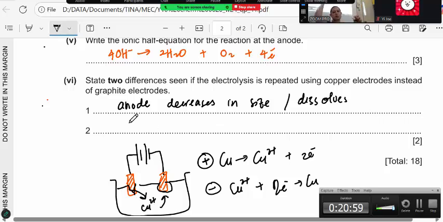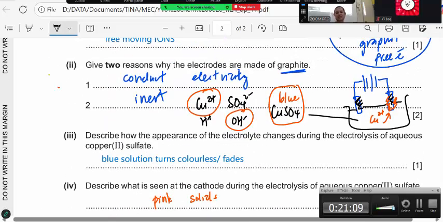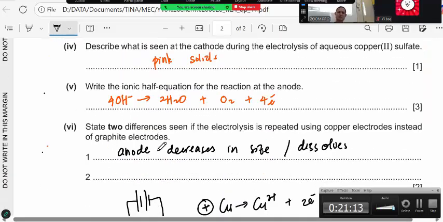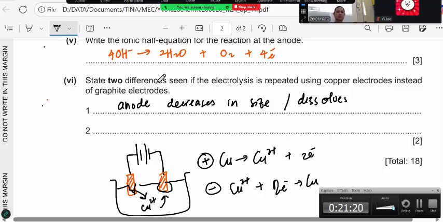Okay? Because you take one in, you take one out, so it's the same. Because this one also increases in size, right? So the electrolyte does not change.